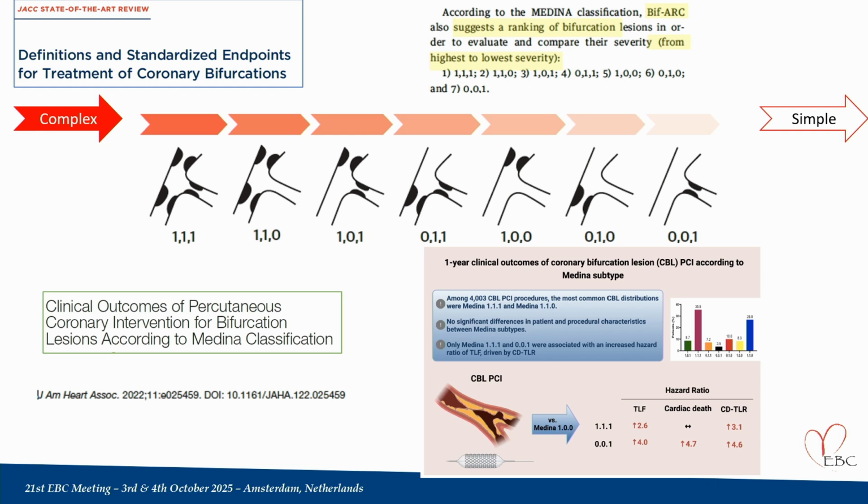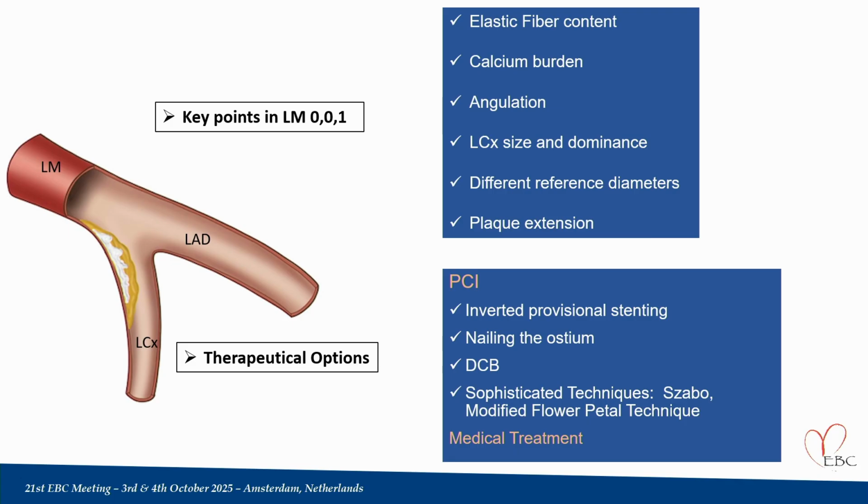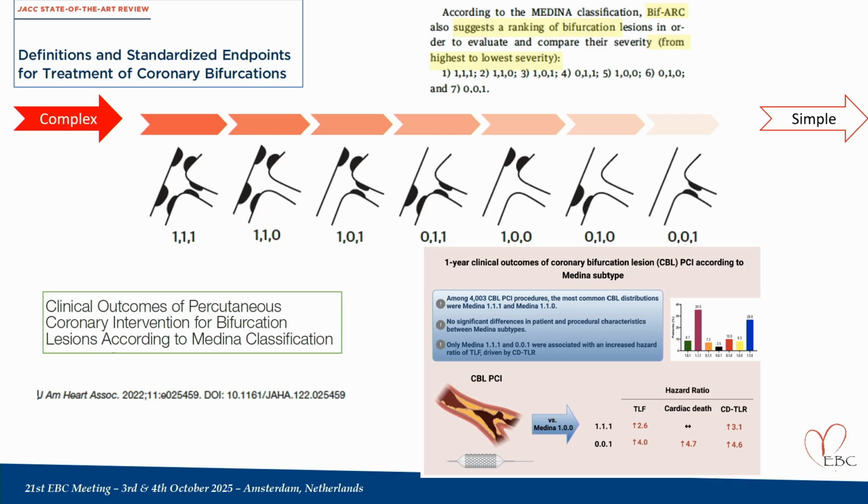Meanwhile, in this large registry analyzing the impact of the Medina classification, the 0.0.1 lesions were associated with a higher incidence of target lesion failure. And probably this is because there is a lack of standardization to approach these lesions.